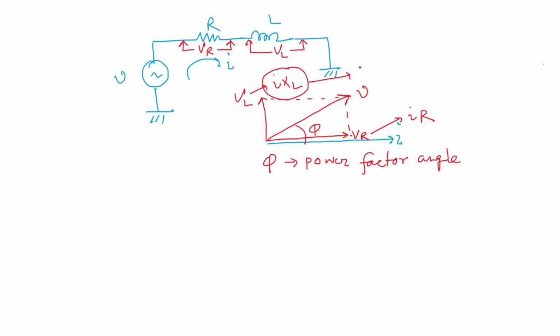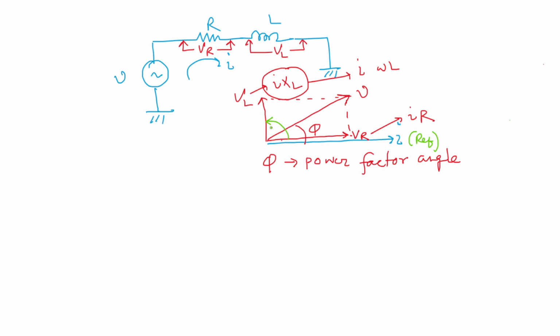It is omega L. If you multiply it directly it does not make sense, because with respect to the reference phasor, it has taken a rotation of 90 degrees. That is very important.